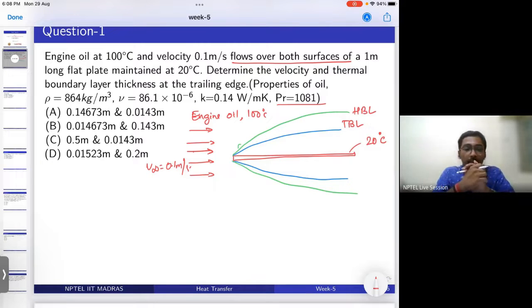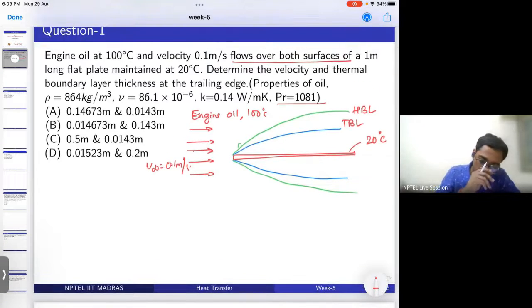Have you got the answer? Okay, so I will just start. In the lectures we already derived the hydrodynamic boundary layer thickness. We are asked to find it at the trailing edge. At any location it is 5x divided by root Re_x.